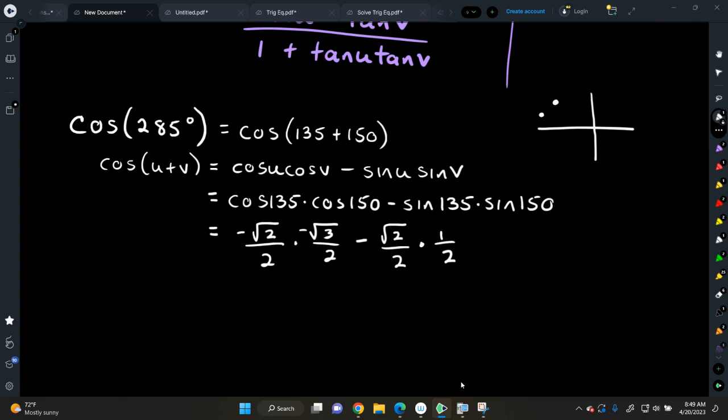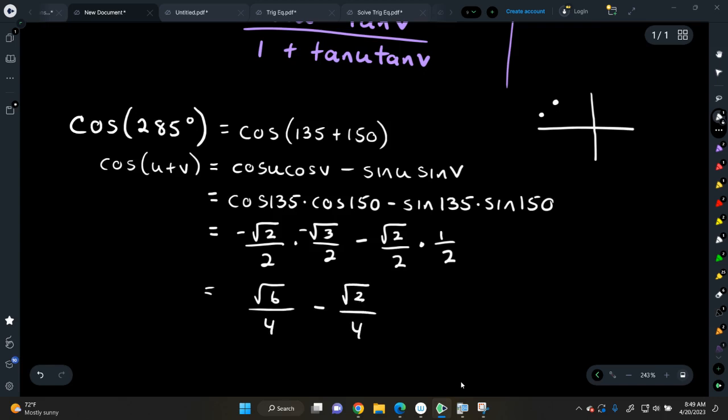So we've got positive root 6 over 4 minus root 2 over 4. So that gives me root 6 minus root 2 over 4.